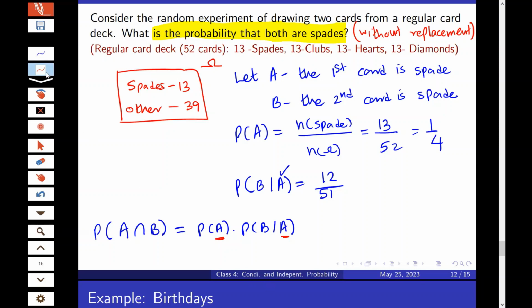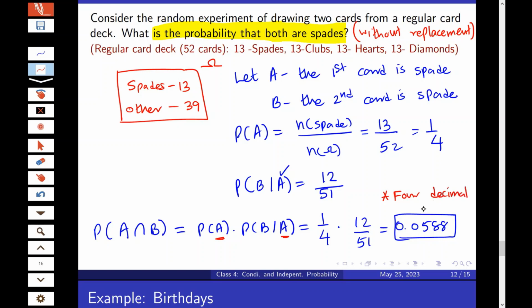So now we can plug in P(A), which is 1/4, times 12 over 51, and this will be 0.0588. And when you are writing a decimal answer for this class, you should show 4 decimal places.